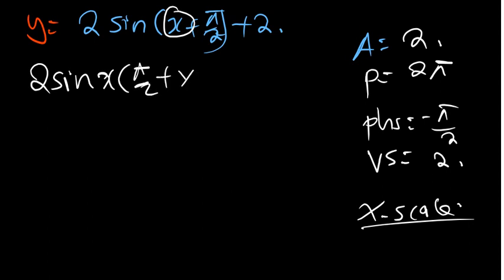B is still this. The number in front of X is B. You get it, huh?